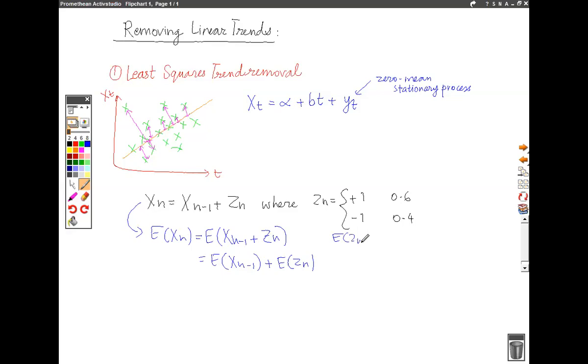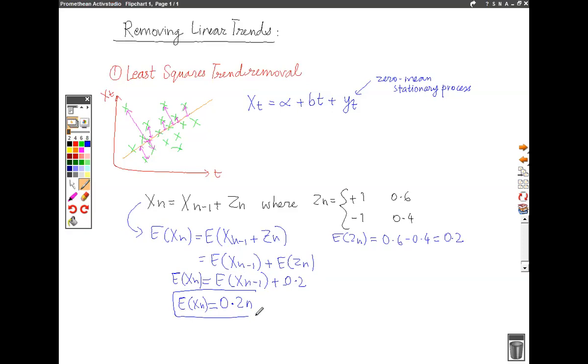If I were to calculate my expectation of zn, it will be 0.6 minus 0.4, which is 0.2. So this will give me expectation of xn minus 1 plus 0.2. So you see, each and every time I take the expectation, it is going to increase by 0.2. Or I can easily substitute this again and again here, and I will get the answer as 0.2n for expectation of xn.